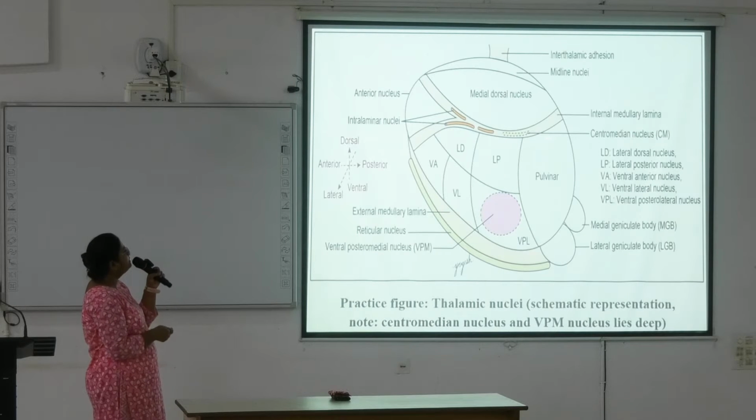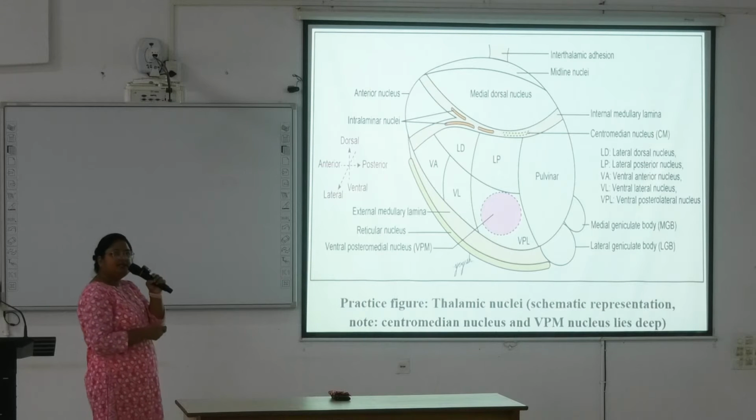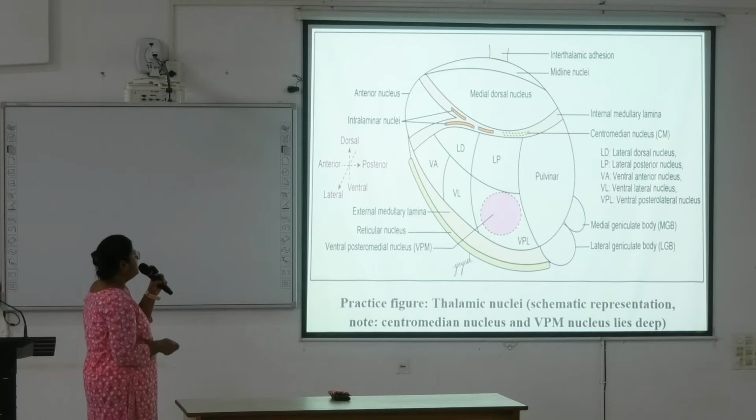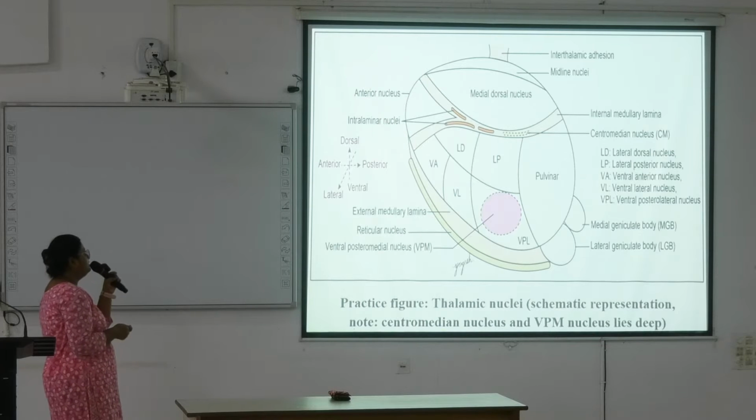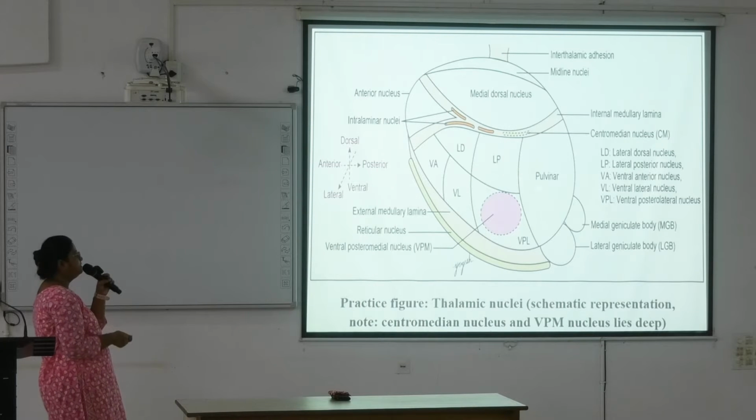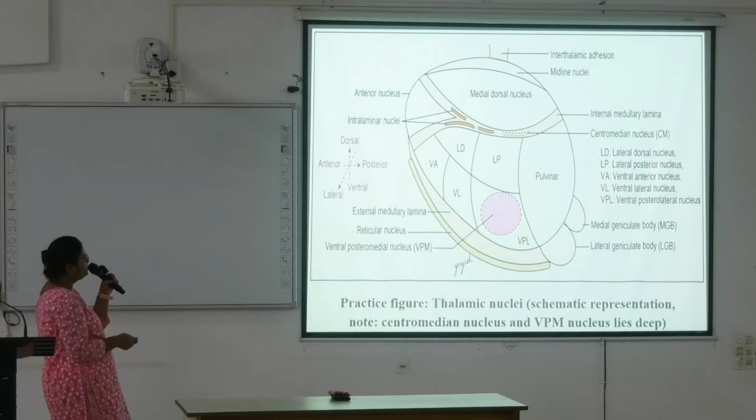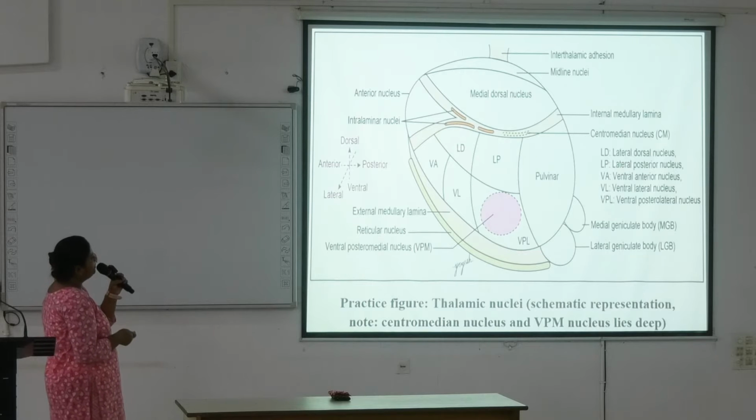And within the internal medullary lamina, there are intralaminar nuclei. Within the lateral part, you can see the ventral tier and dorsal tier of nuclei. The dorsal tier contains these three: lateral dorsal, lateral posterior, pulvinar. The ventral tier consists of ventral anterior, ventral lateral, ventral posterior.